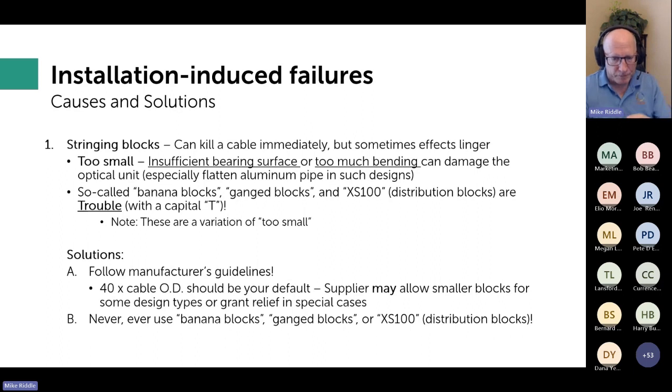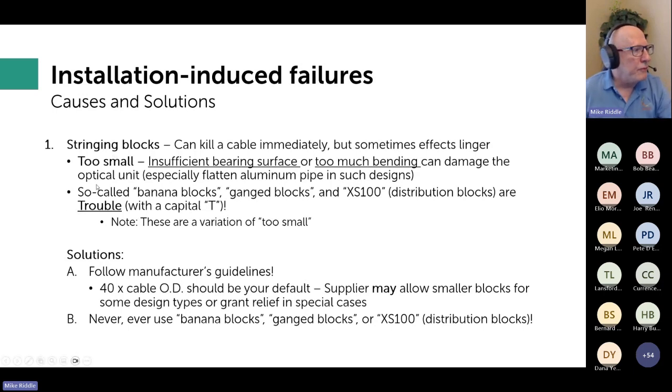So instead of having a nice round cross-sectional area inside the pipe, you end up with something that's more like an oval. That's not going to be good. Nothing good can happen. Only bad things can happen if the pipe gets flattened.